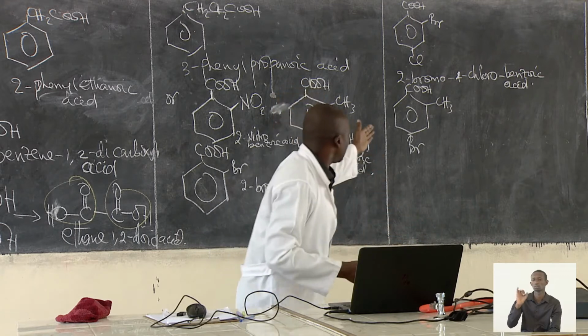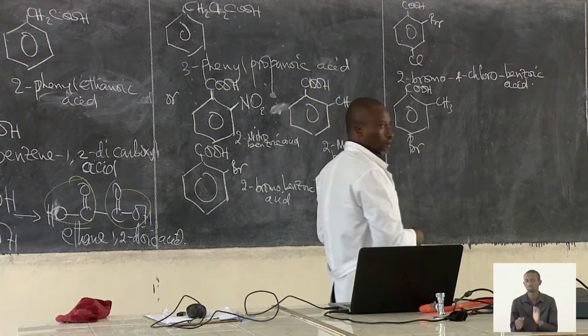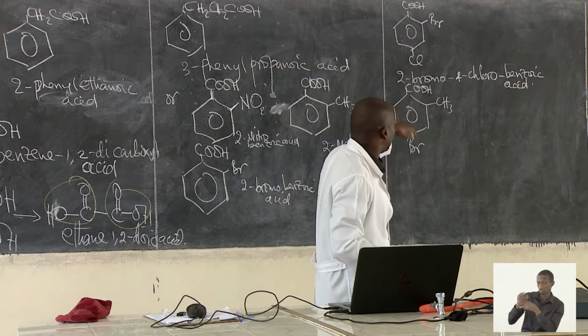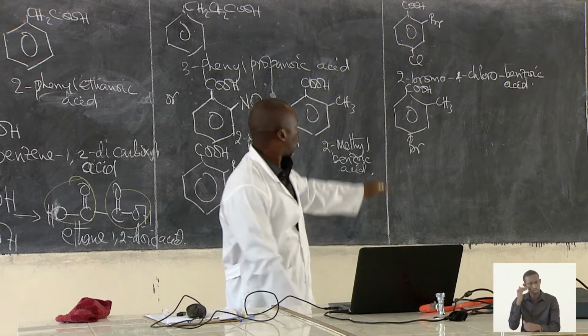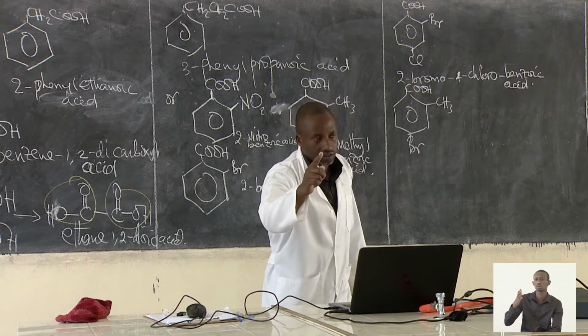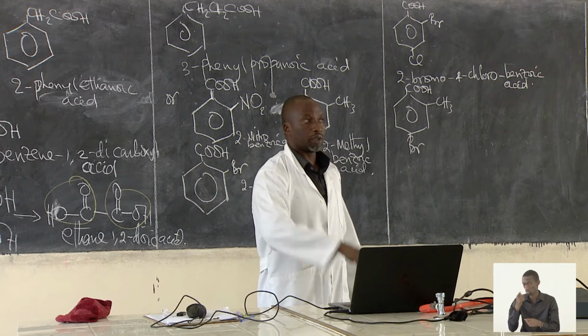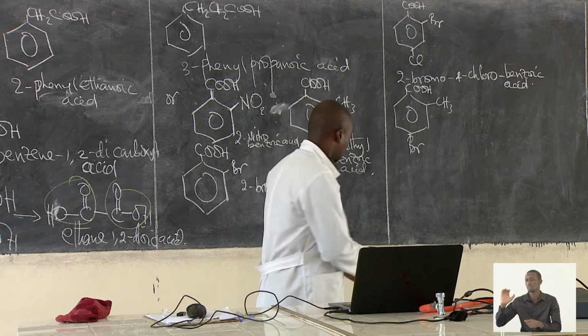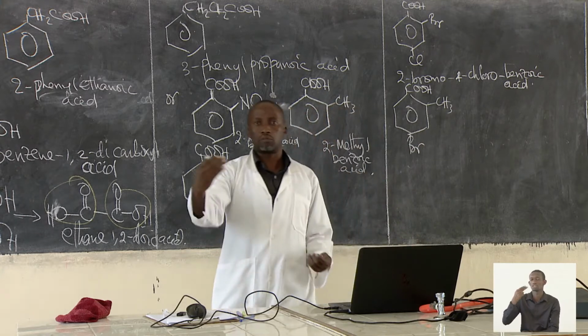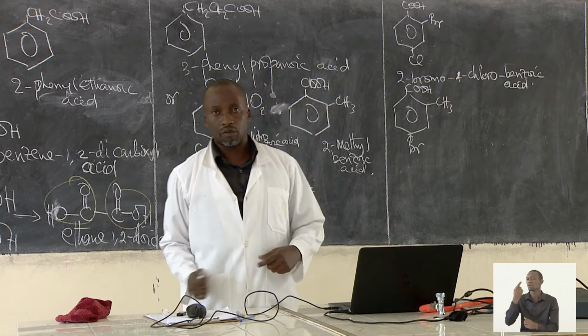So how do you name this compound, for example? As we have named this, you still need to locate the positions of the methyl group and bromine. Remember the alphabetical order of these substances. The bromine and methyl: B comes before M in the alphabetical order.